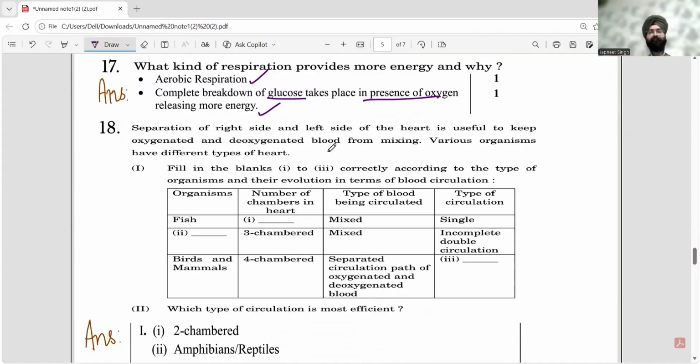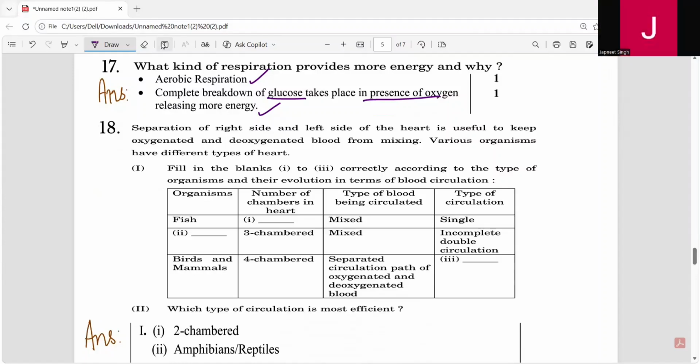Separation of right side and left side of heart is useful to keep oxygenated and deoxygenated blood from mixing. Various organisms have different types of heart, like fish, which has a two-chambered heart.